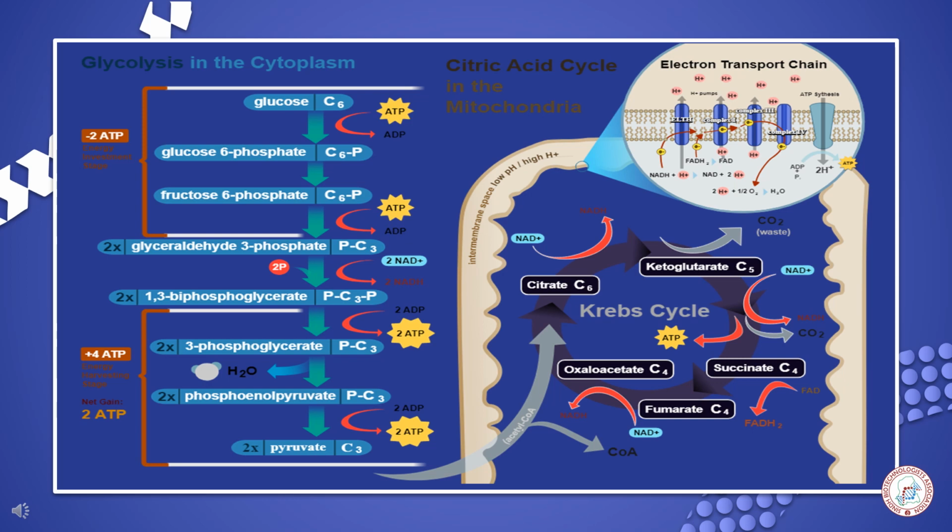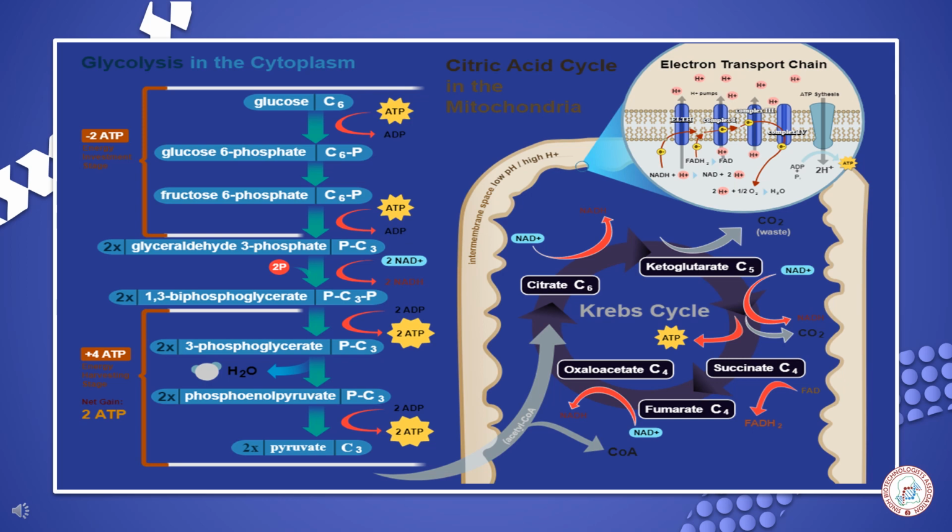Then all these molecules will undergo oxidative phosphorylation, which is conducted at the inner mitochondrial membrane, and this membrane comprises 4 complexes: complex 1, 2, 3, and 4. Via different redox reactions, these energy carrying molecules transfer the electrons, and during this process a proton potential gradient occurs across the inner mitochondrial membrane.